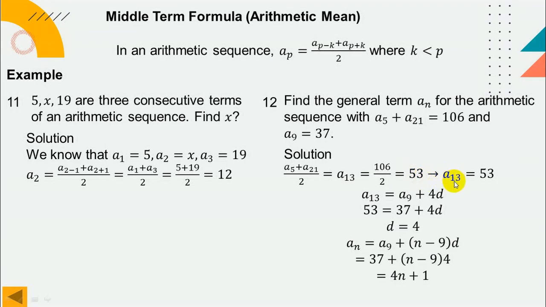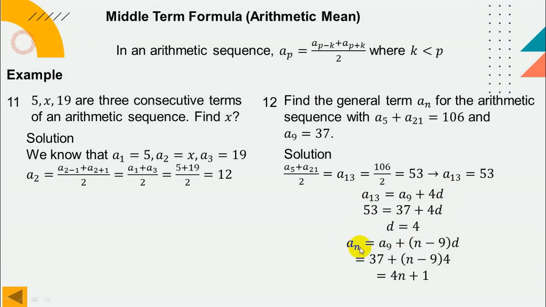The 13th term equals 53. Because we are looking for the general term, we have the 13th term and then we have the ninth term. You can substitute to get d. Here 4 comes from 13 minus 9. So you get the difference d is 4.